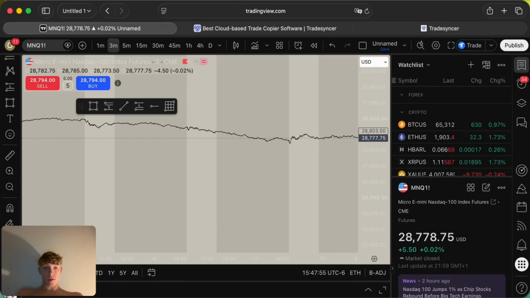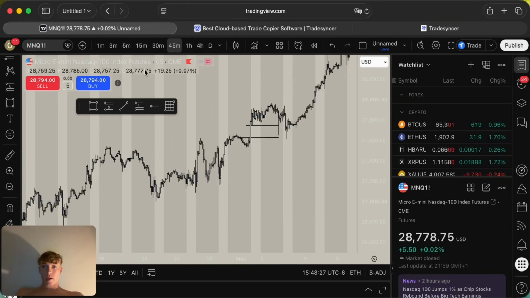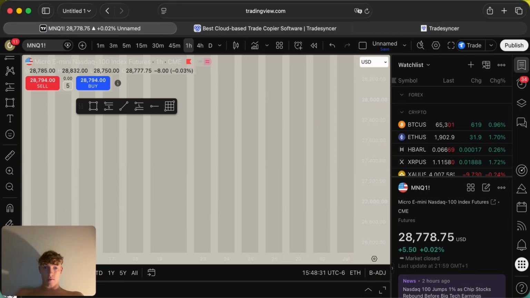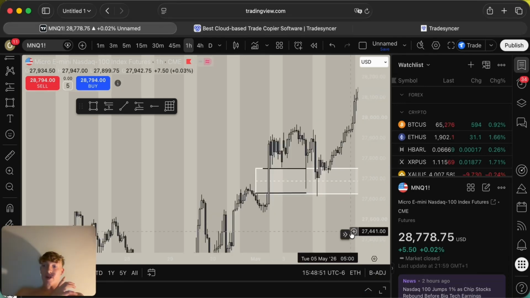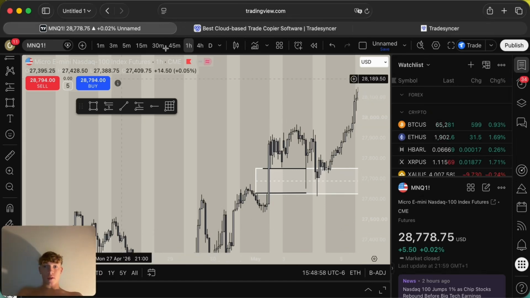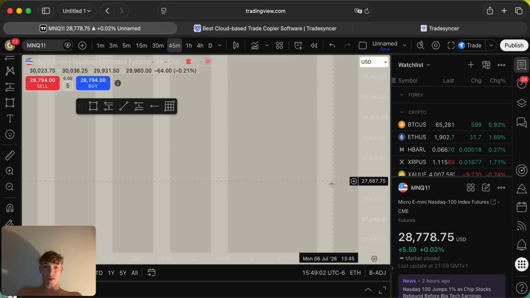I'll find this one sec. There we go, we found it. Okay, another thing you know is going to be a very good fair value gap is whenever all of the higher time frames create the same fair value gap and respect the same fair value gap. So for example, we were on the 4 hour there, we are now in the 1 hour, and it's the exact same on the 45.